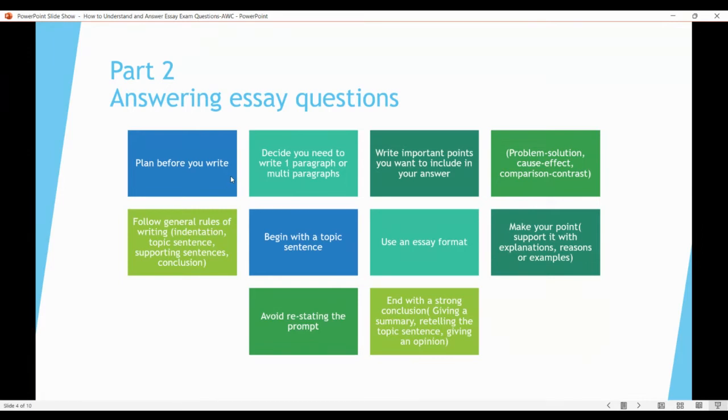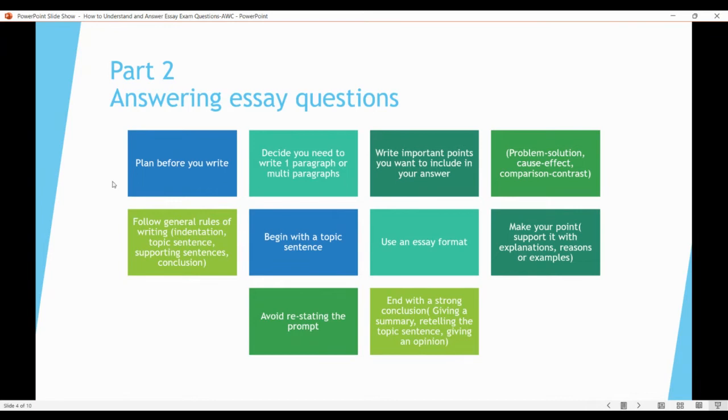But some of them didn't. Others went straight into writing. And as a result, what happened? Some of them got stuck in the middle. They were just thinking hard, were not able to collect points. Yeah. So it's very important to collect ideas and decide which information will go first, second, and third before you actually start writing.